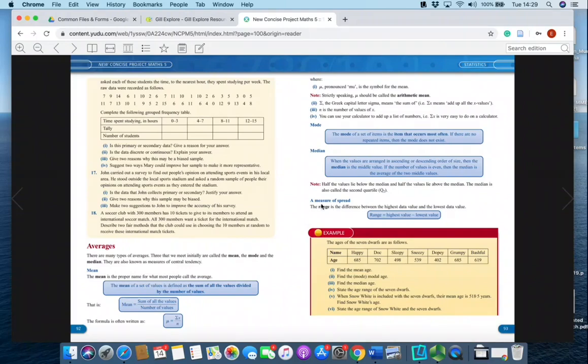Okay, I'll come back to a measure of spread in a minute, but I just want to do this example down here of the age of the 7 dwarfs. So just on my pad I'm going to redraw that table, and I'm going to do out that example where we will take the measures of centre. So the mean, the mode and the median.